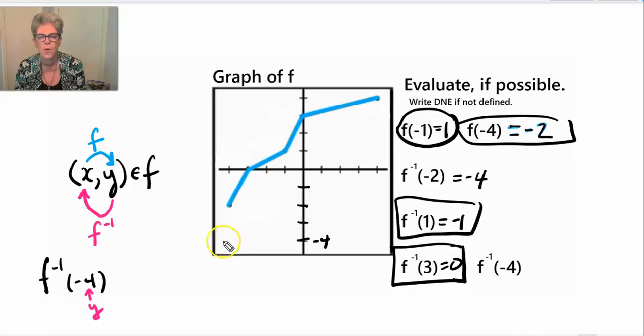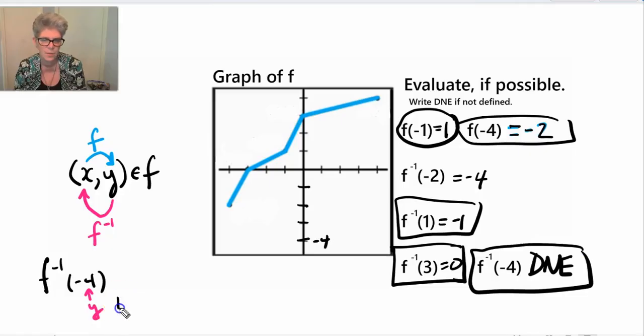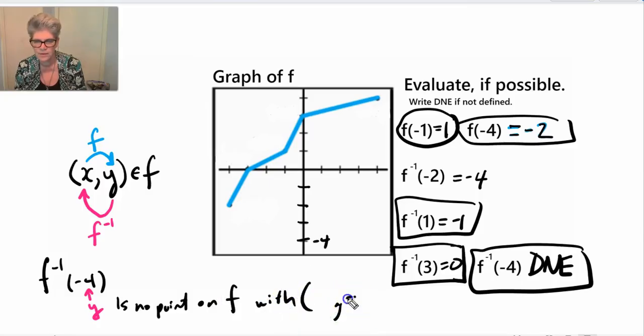There is no point on this graph that has a y-coordinate of -4. So this does not exist because it's not defined. There is no point on the graph with a y-coordinate of -4. There's not one. And so this is not defined.